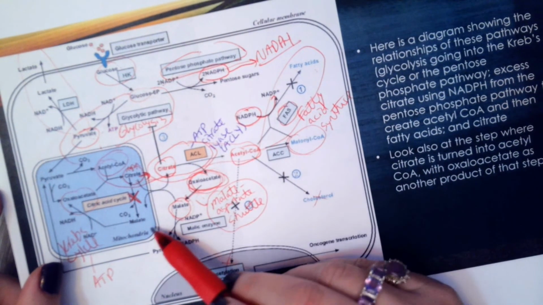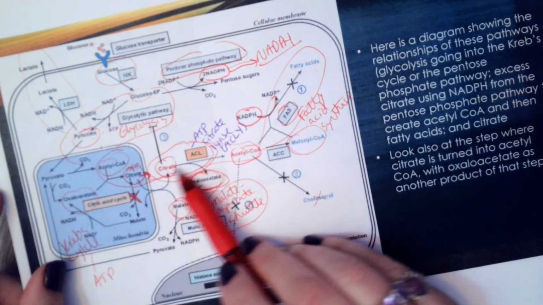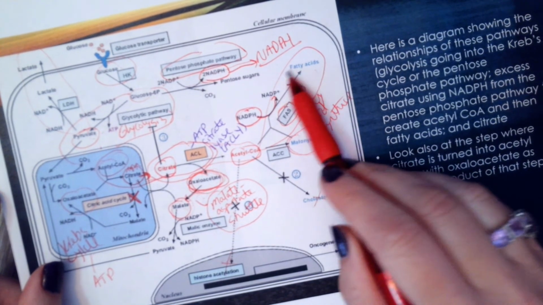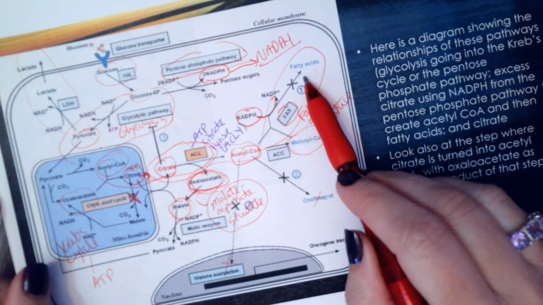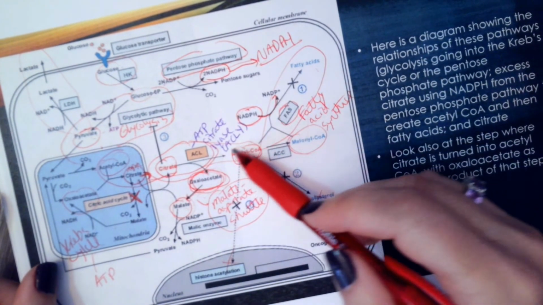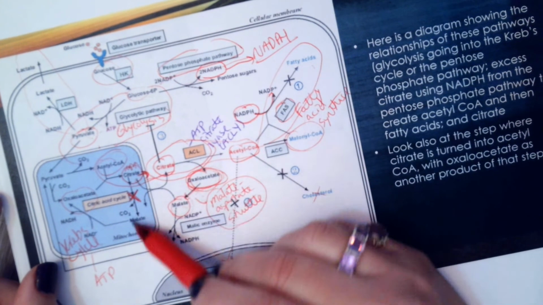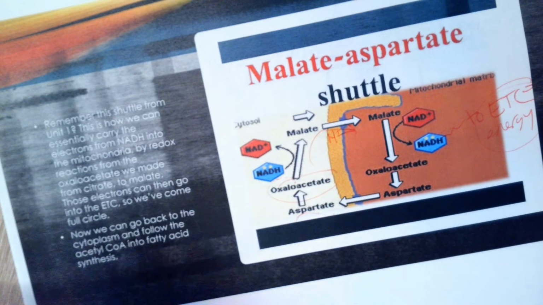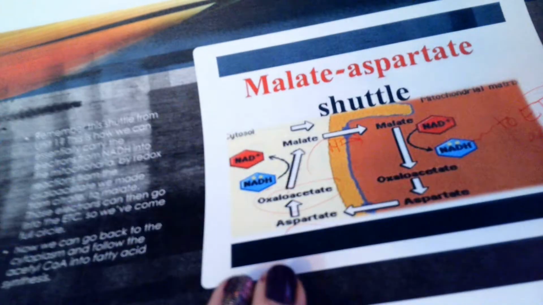So when we have lots of energy, we start shunting everything this way, or not everything, we start pushing some efforts this way into fatty acid synthesis. When we're low on energy, then we would slow down over here and start pushing this faster. So it's always responding to whatever situation is going on inside the cell.